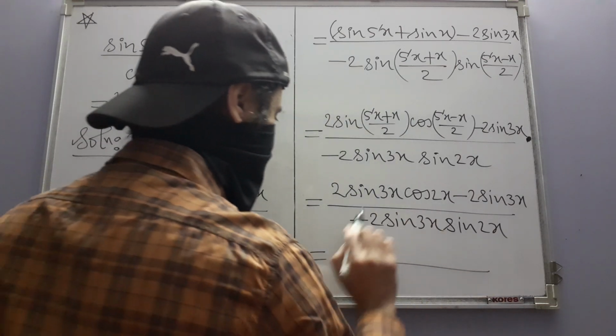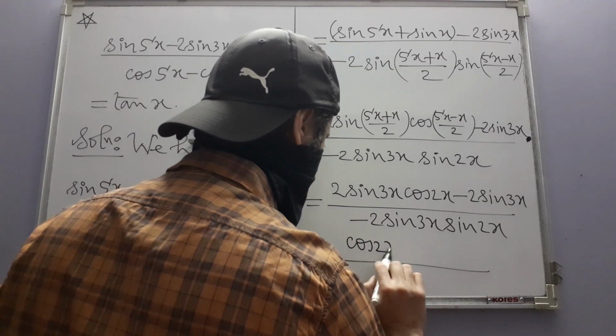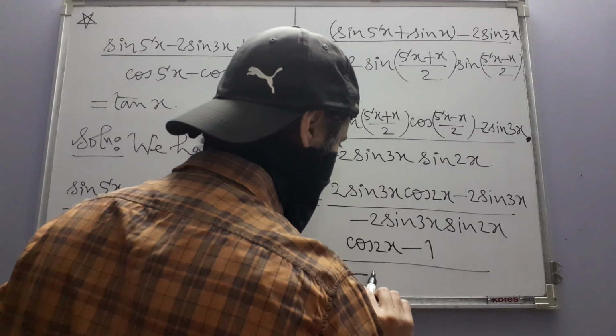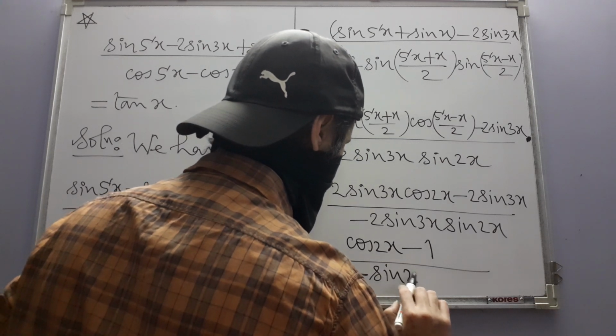If you do so, the numerator will be cos 2x minus 1 divided by minus sine 2x.